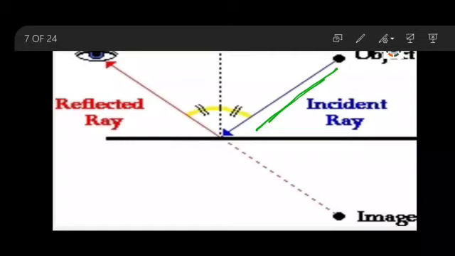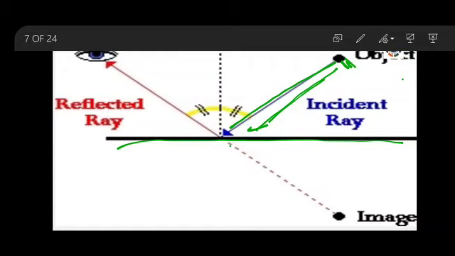The ray of light which falls on the mirror. Here from the light source, some rays fall on the mirror. This is the mirror surface. The ray of light which falls on the mirror's reflecting surface is called the incident ray.